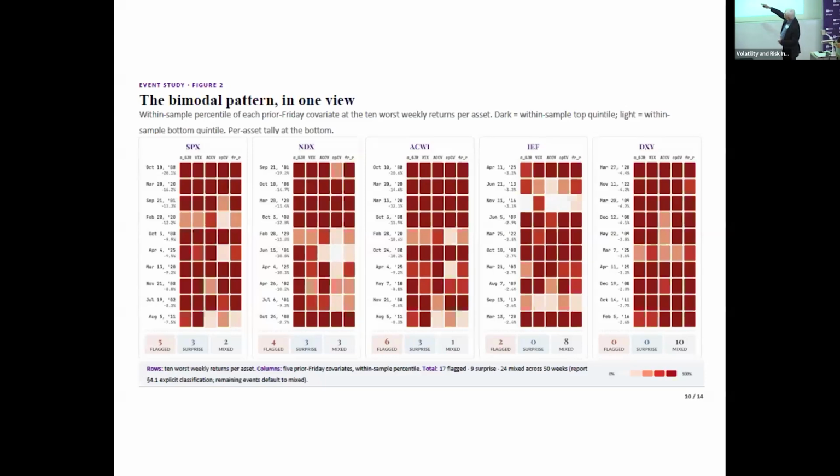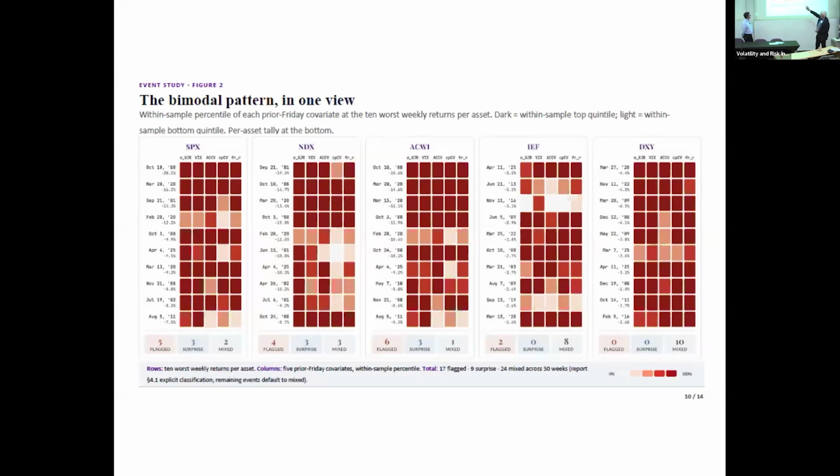But if you look down the column there, they're not all like that. All these top 10 weeks, most of them have a lot of dark red there, but not all of them. And if you go across here, you see that in most cases, a lot of these risk measures are elevated when this is a high risk week, but not all of them.